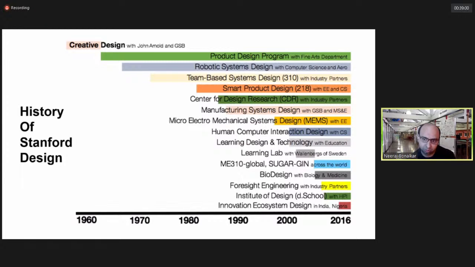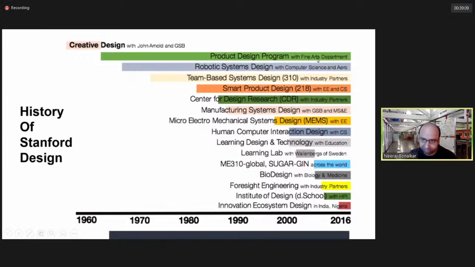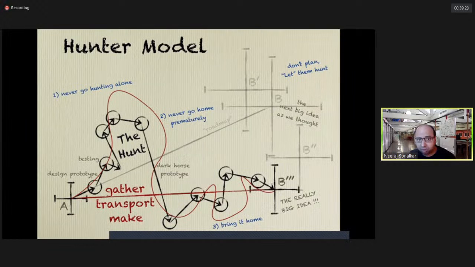We like partnering with people. So this collaborative history is what shows up in this slide deck. Everything that the group has done is with somebody, with fine arts, with computer science, industry partners, with the Graduate School of Business, with engineering, with various countries across the world, with medicine, and so on and so forth. So the value of partnership.